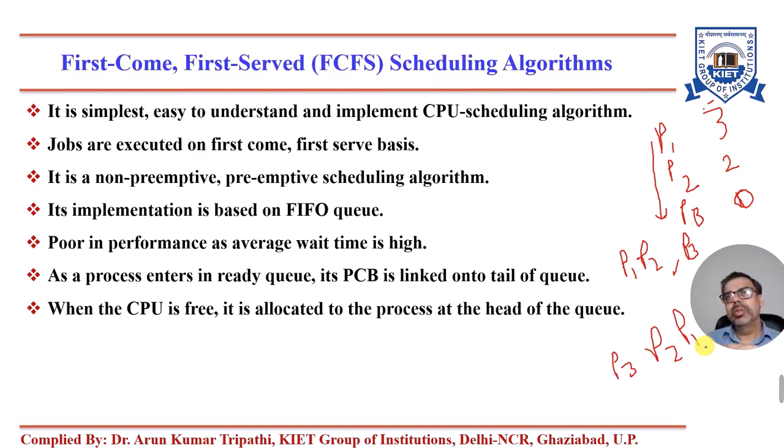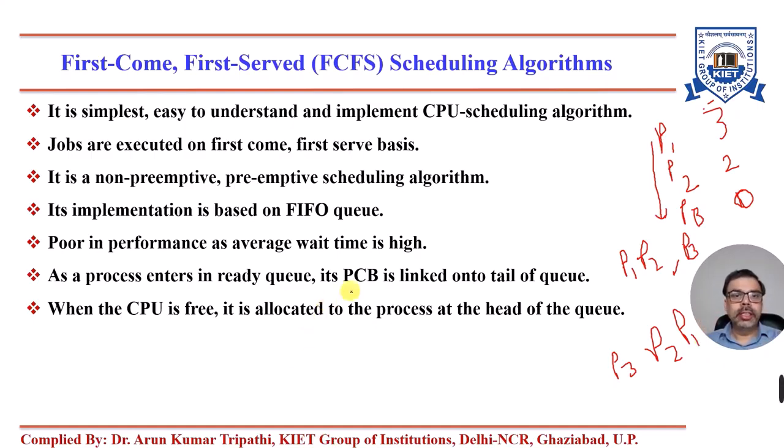Suppose there is a process with a lesser time and a longer process is executing at present, then the average waiting time for all the processes will be higher, especially the waiting time for the smaller process will be much higher.